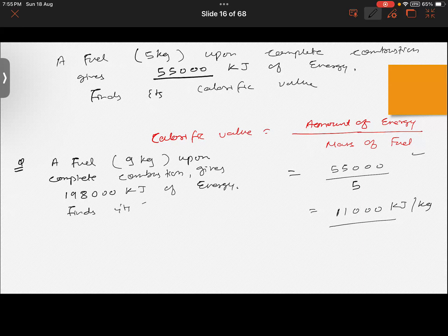We have to find its calorific value. Find the calorific value.